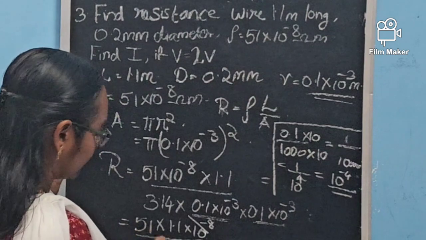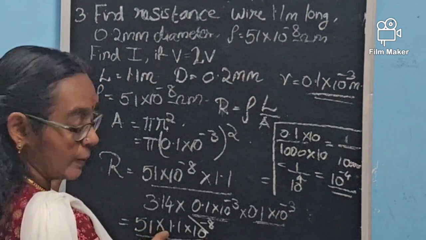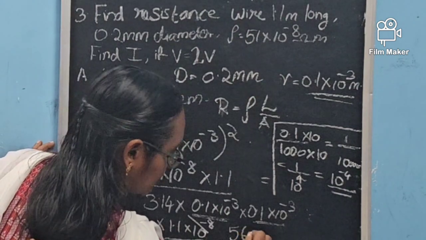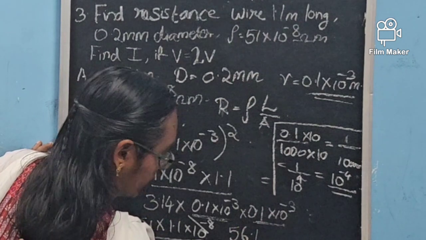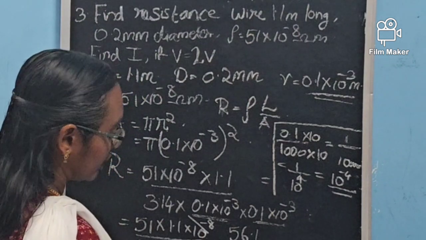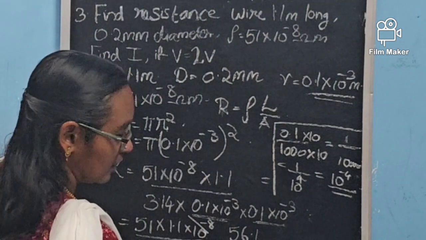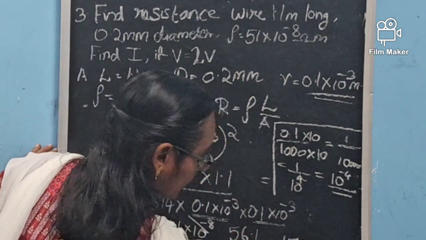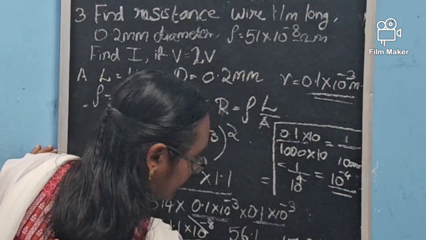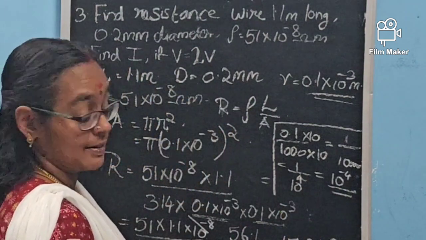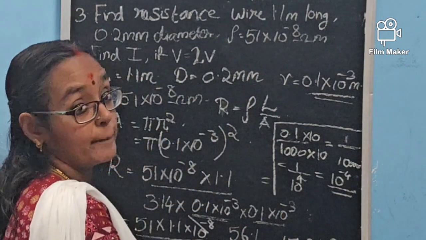Now the value has become smaller, isn't it? 51 into 1.1 divided by 3.14, that is 56.1 divided by 3.14. If we do that, we will get the answer as 17.86. So this much will be the resistance. 17.86 ohm is the answer.